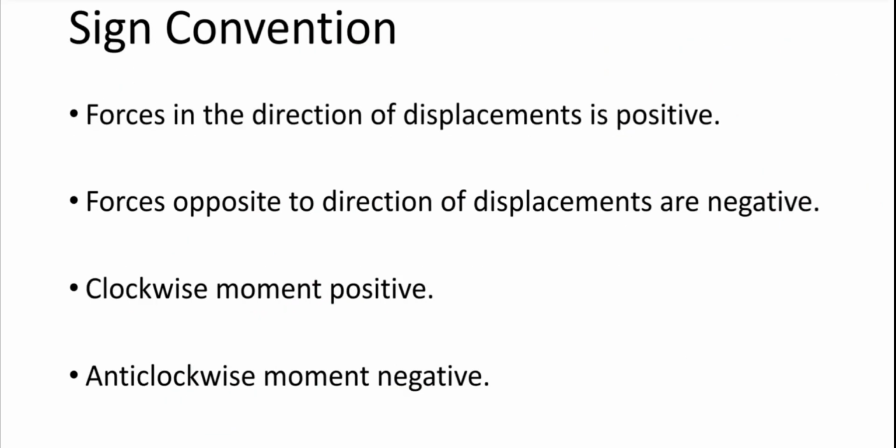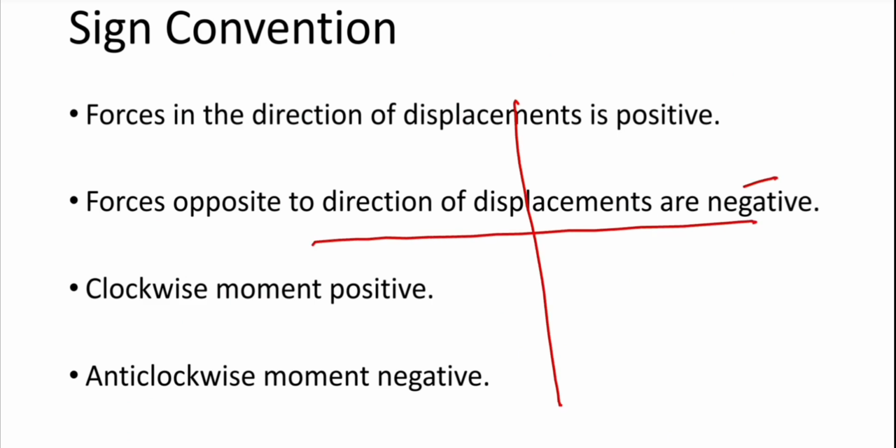Now let's see the sign conventions. The sign conventions of the virtual work method are different from the equilibrium condition method. In the equilibrium condition method, we took the x-axis, y-axis, y-dash axis and x-dash axis.